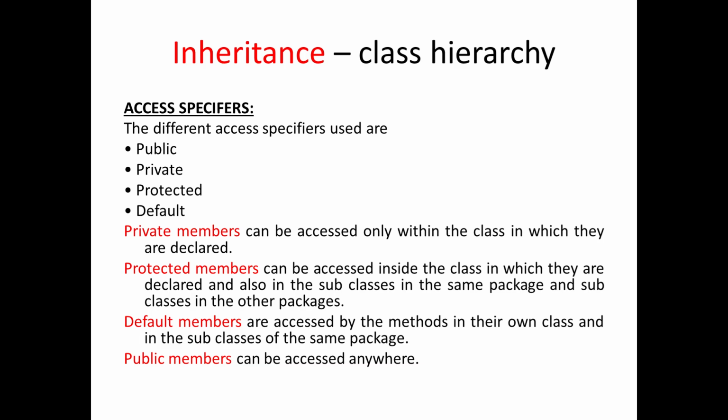The protected members of a parent class can be inherited to a derived class, but the usage of protected members is limited within the package and within the subclass. The default members are accessed by the methods in their own class and in the subclasses of the same package. Public members can be accessed anywhere.